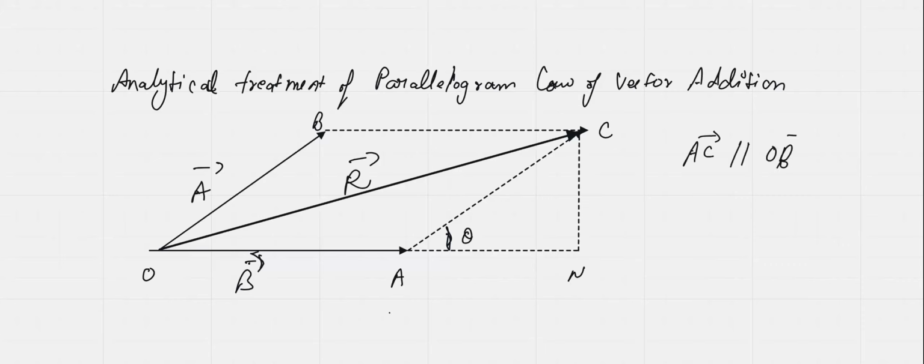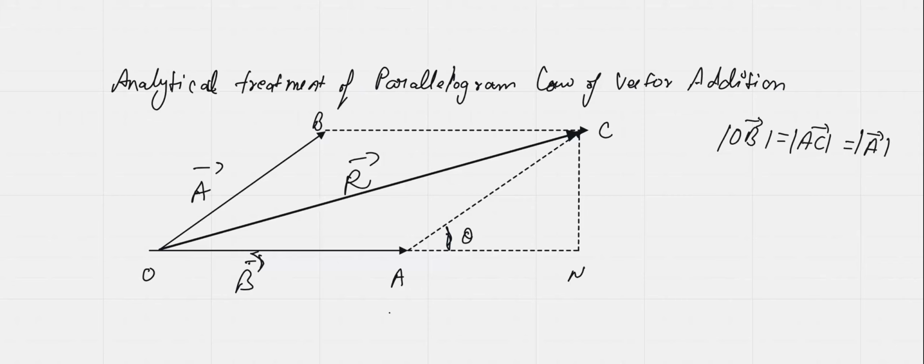Or you can say it another way, because as it is a parallelogram, opposite sides are the same. That is, the OB magnitude is equal to the AC magnitude, which is equal to the A magnitude.